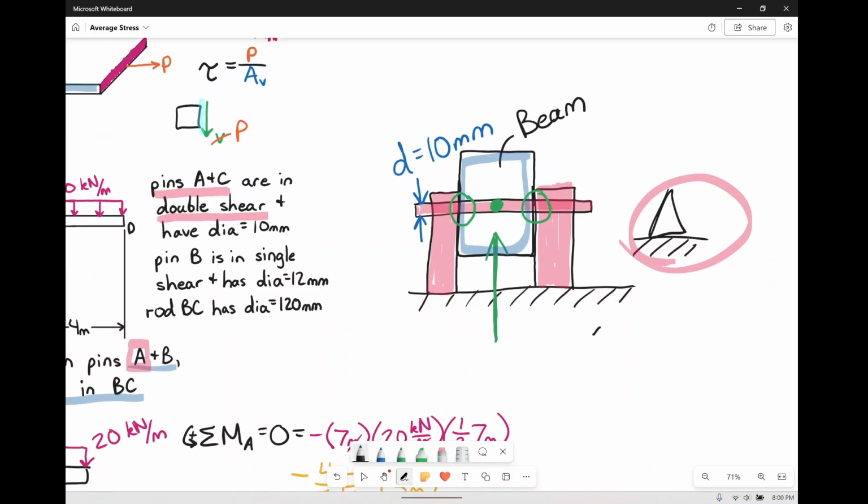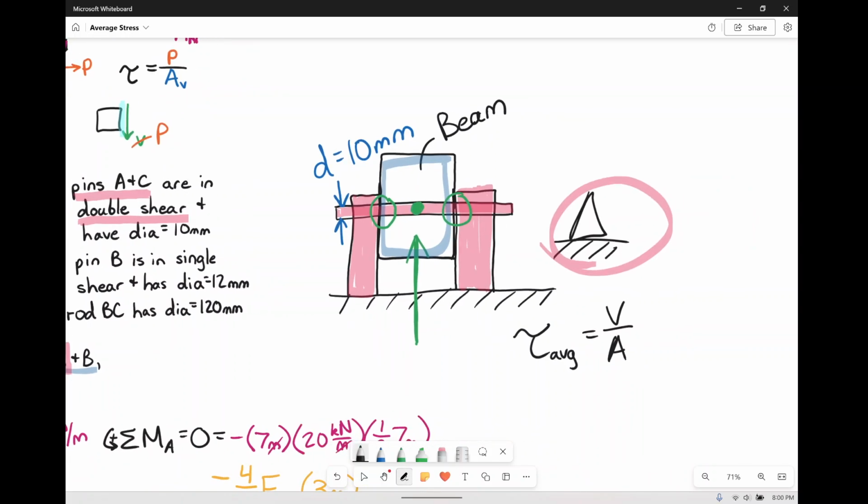So when we have our average shear, which again is V over A, the average shear that we have is the resultant force at A over what area? Now, of course, because this is in double shear, we do have 2 shear planes. So that's going to be 2 times the area.